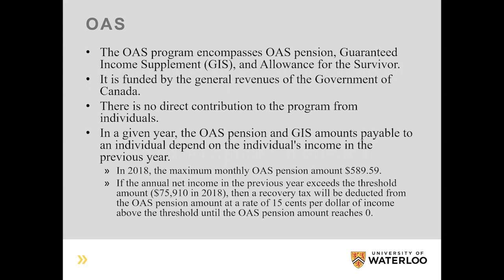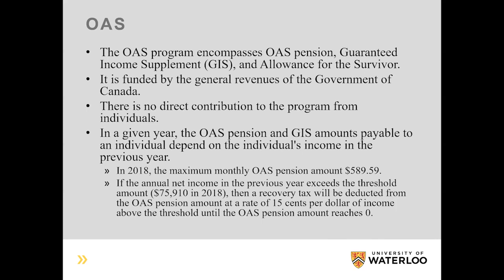Then we move on to the second pillar, OAS. The OAS program includes OAS pension, Guaranteed Income Supplement, or GIS for short, and allowance for the survivor. It is funded by the general revenues of the Government of Canada, so there is no direct contribution to the program from individuals. In any given year, the OAS pension and GIS amounts payable to an individual depend on the individual's income in the previous year.